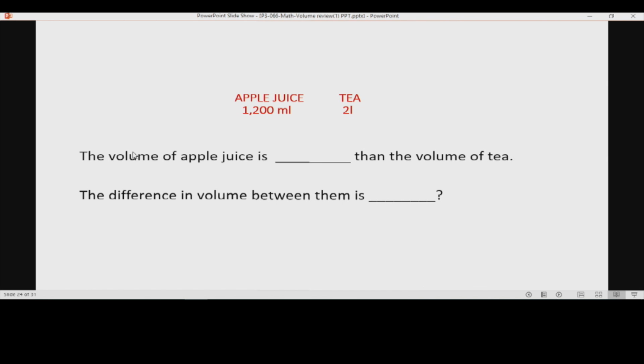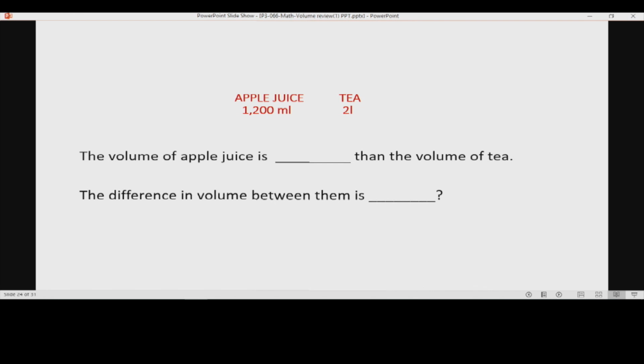Excellent. So we say the volume of apple juice is less than the volume of tea.